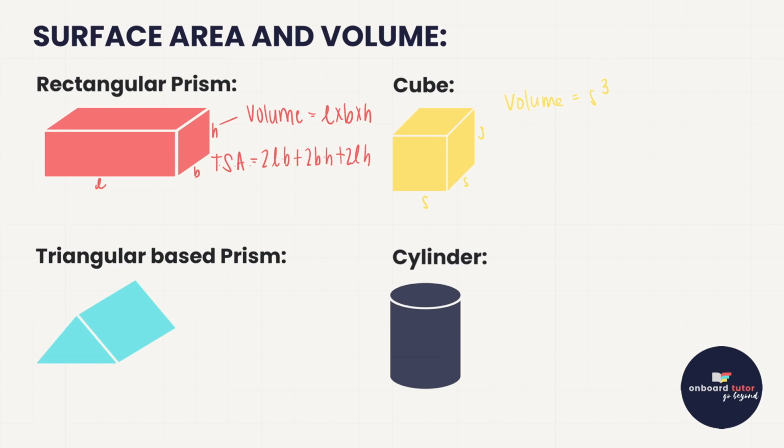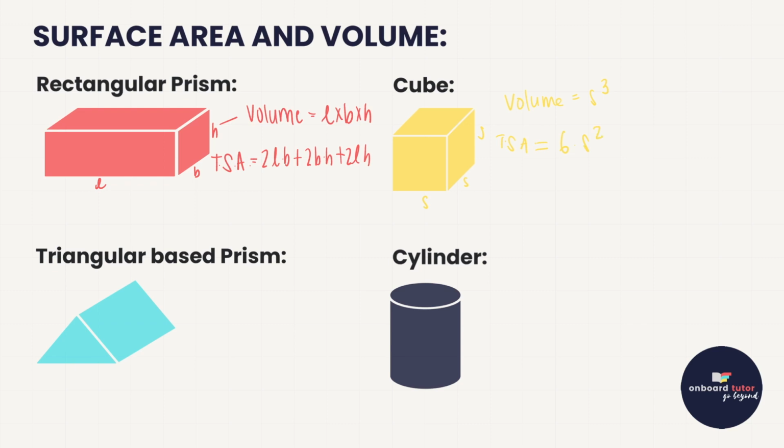So that's a nice easy one, side cubed. And then in the same way, you've got 1, 2, 3, and behind those there's a face, 4, 5, and 1 at the bottom, 6. So we've got 6 identical square faces, so total surface area is equal to 6 times the area of a square, which is just side times side, side squared.